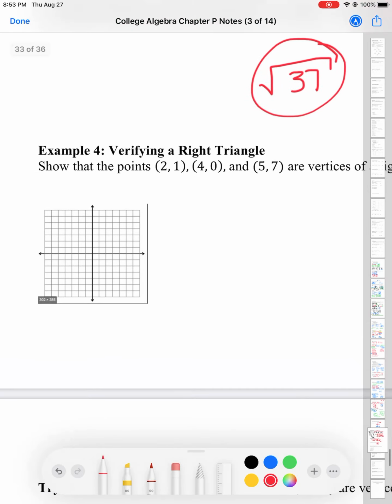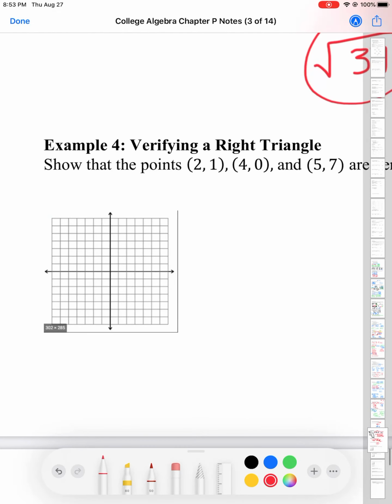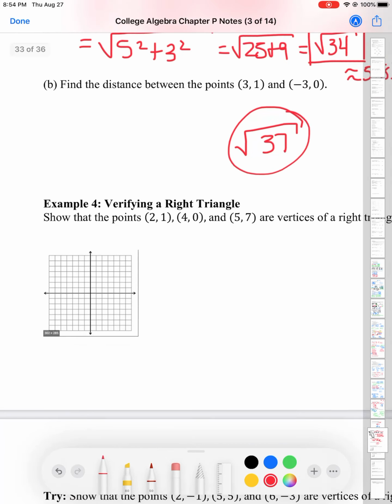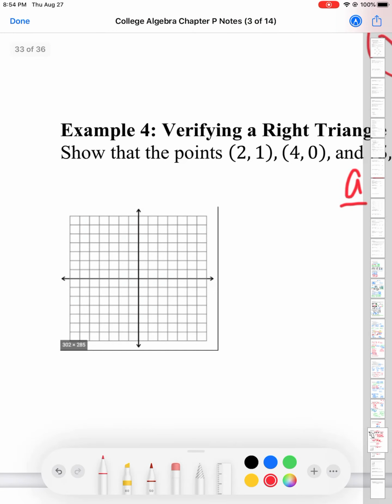Okay, verifying a right triangle. Show that the points (2, 1), (4, 0), and (5, 7) are the vertices of a right triangle. To do that, a squared plus b squared equals c squared should check out. So if we find the distance plus the distance equals the distance of the hypotenuse, and we can check that, then we should be good.